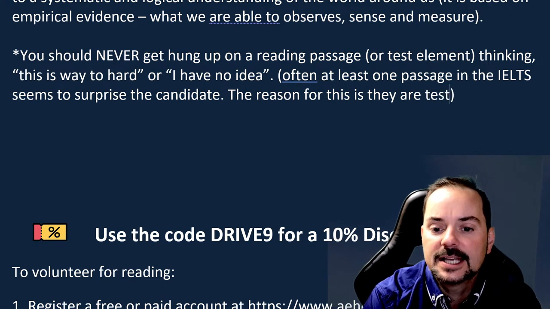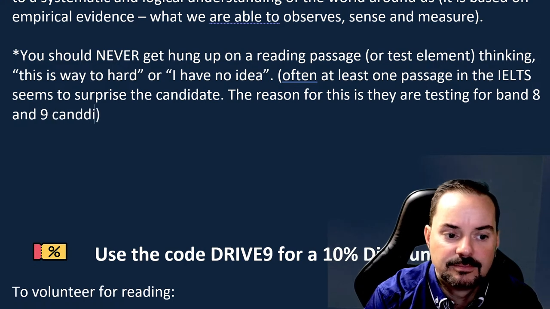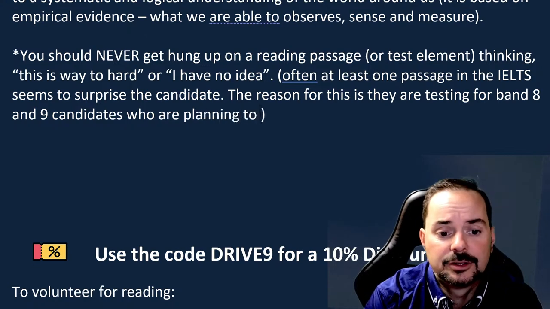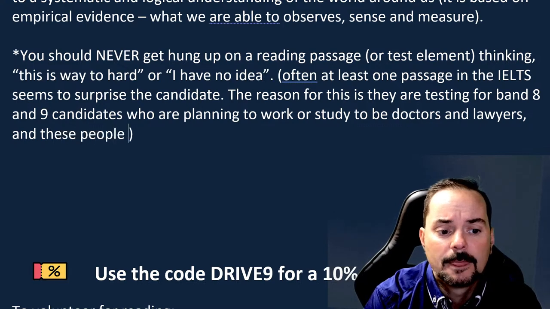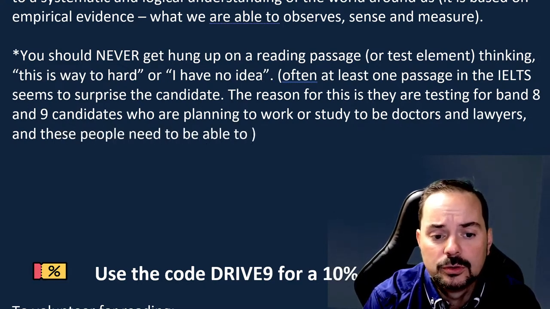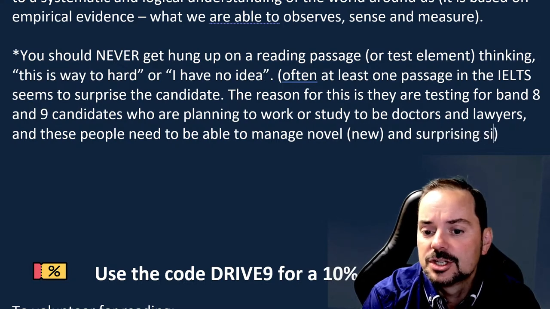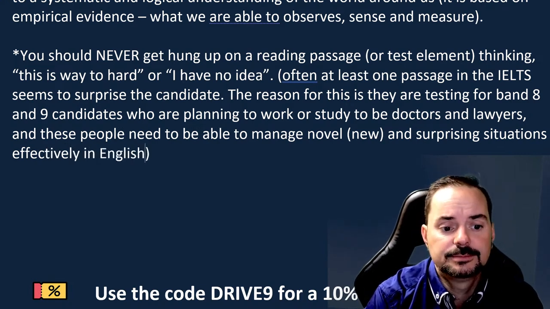is they are testing for Band 8 and 9 candidates who are planning to work or study to be doctors and lawyers, and these people need to be able to manage novel, meaning new, and surprising situations effectively in English, right?